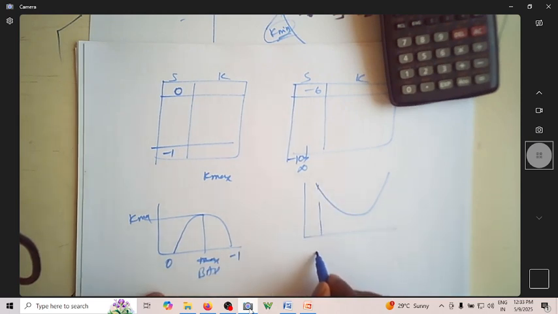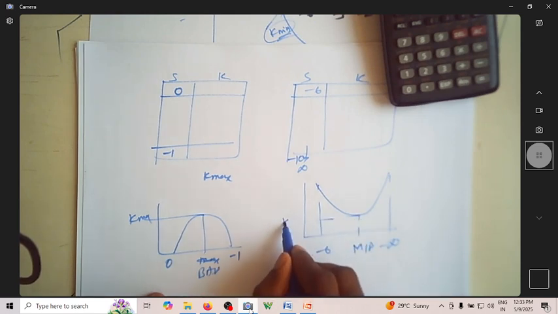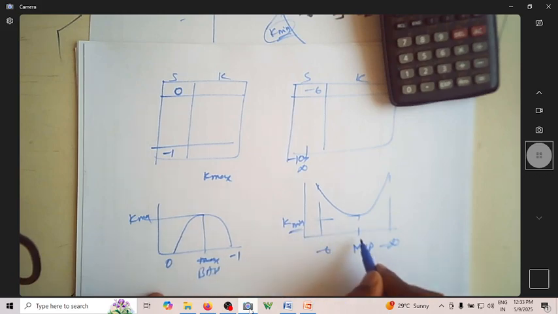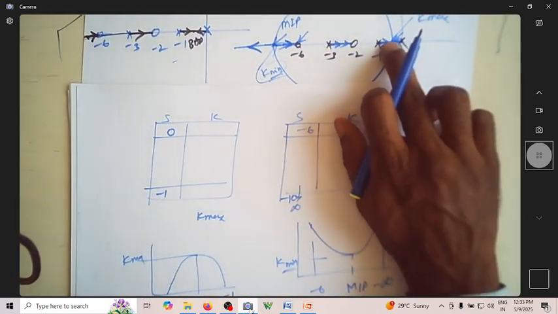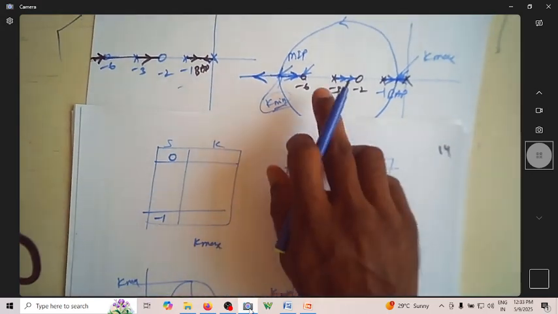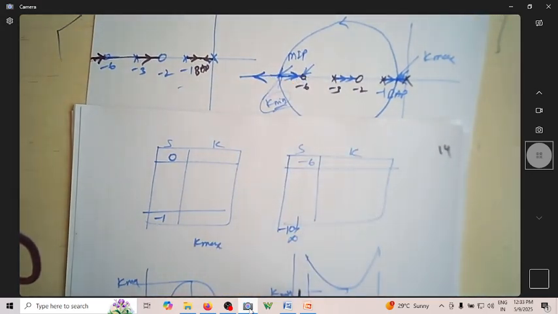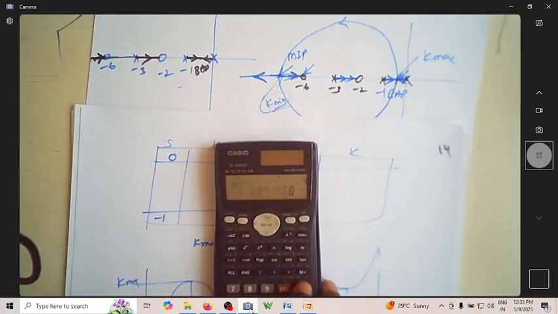This is at -6 and at infinity. You are looking at again the meeting point where this k is minimum. So this is one breakaway point which will happen, which will come here, and the other meeting point will come somewhere here. So that will be after -6. So let me just find out that.